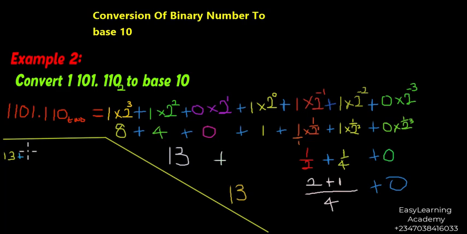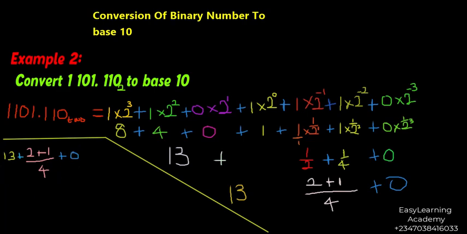We have a fraction part that we solve: 2 plus 1 all over 4, and then we had this part here, the 0 plus 0. Can you remember? Good.